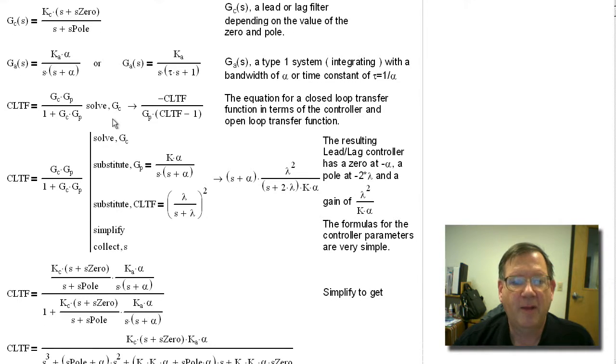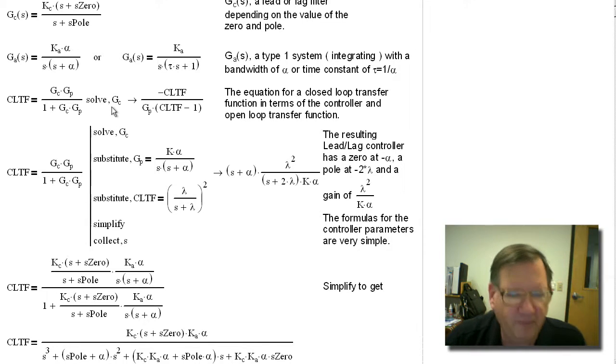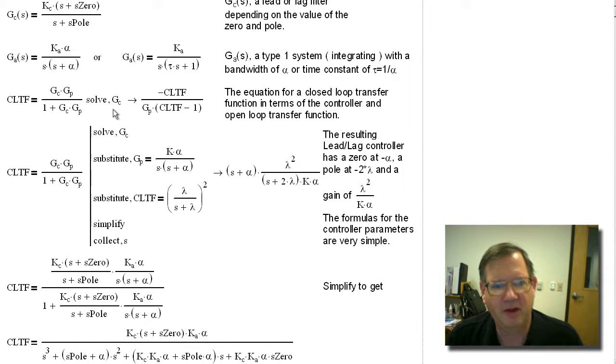So the method I'm going to use today is going to be different from the pole placement that I've used in the past. I'm going to use what I've heard called direct synthesis, and basically it's a way of brute forcing the kind of response that you want.